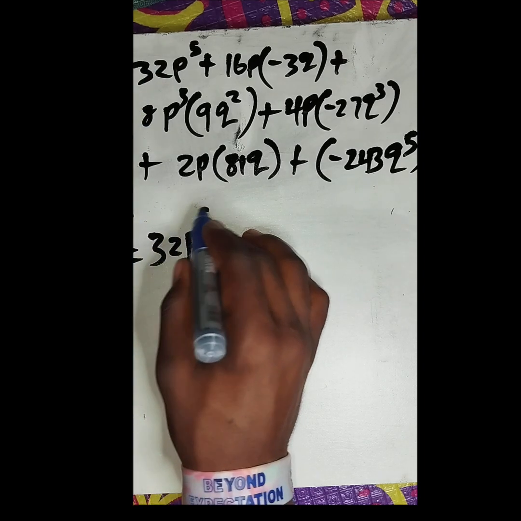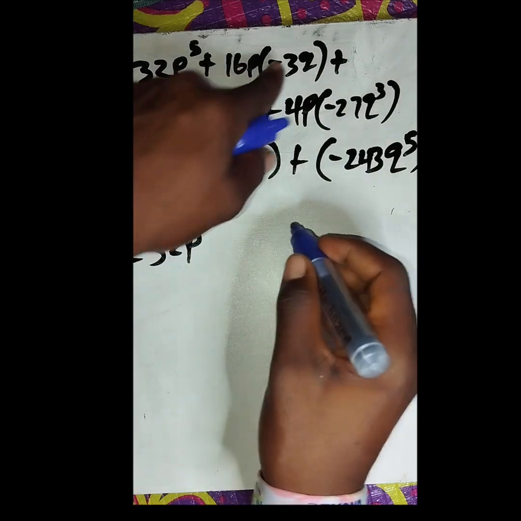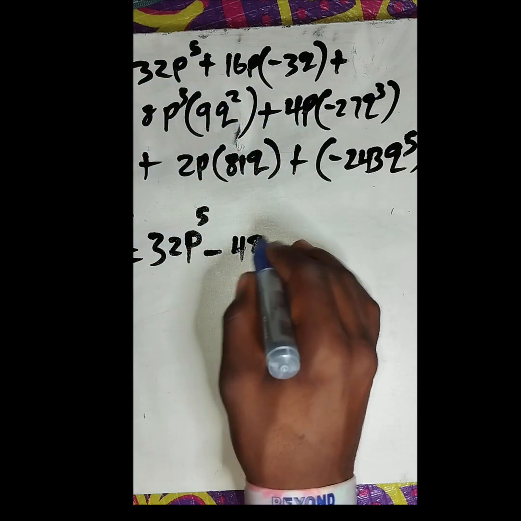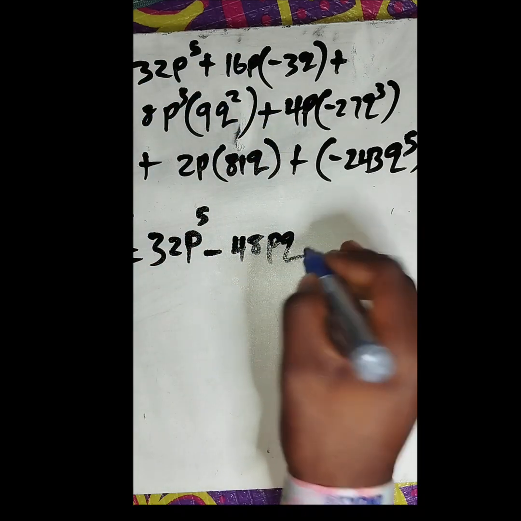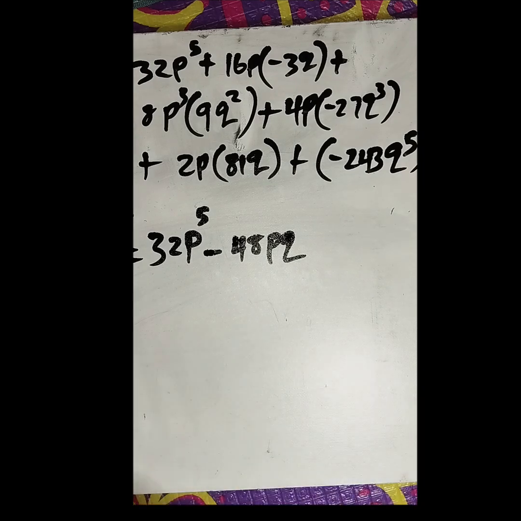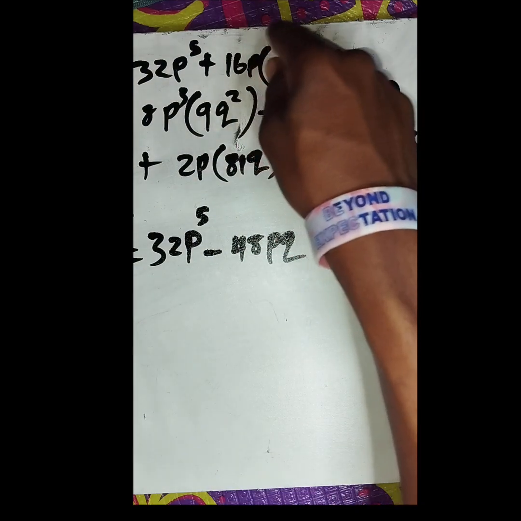So next thing here is let's simplify the work. 32p raised to the power of 5 plus, okay, no, not going to be plus. We have a minus here, so that'll be minus 16 times 3 is 48pq. Actually, I skipped something here. I was meant to have p raised to the power of 4 here.